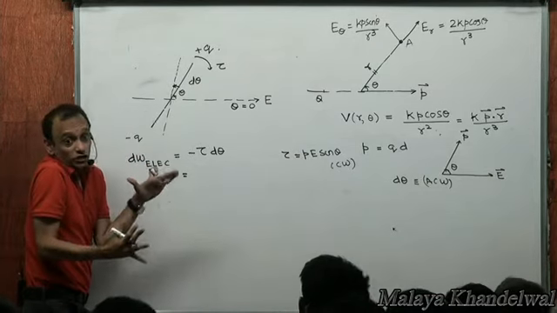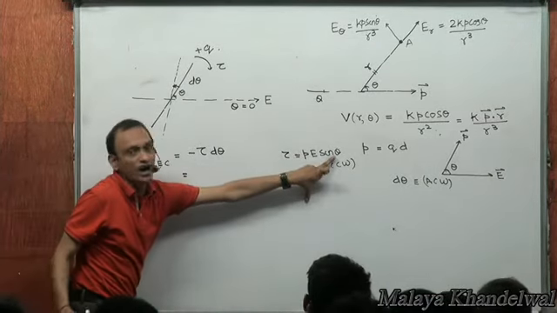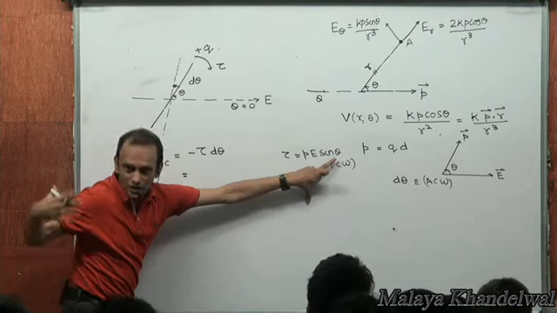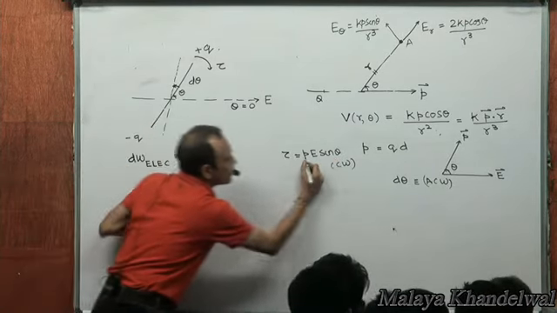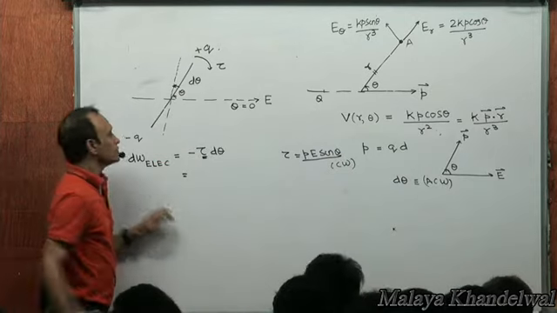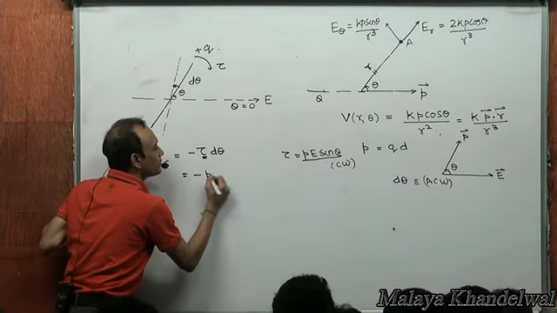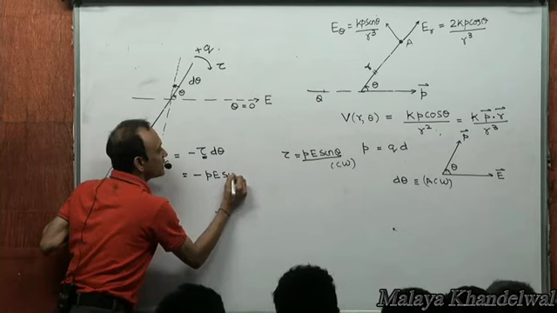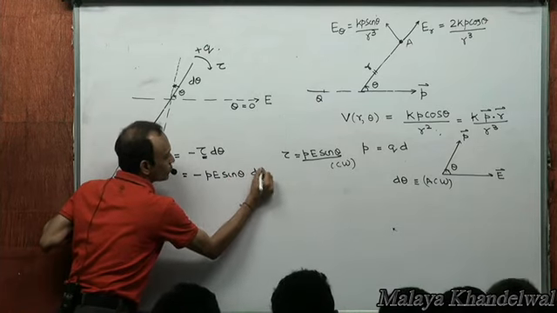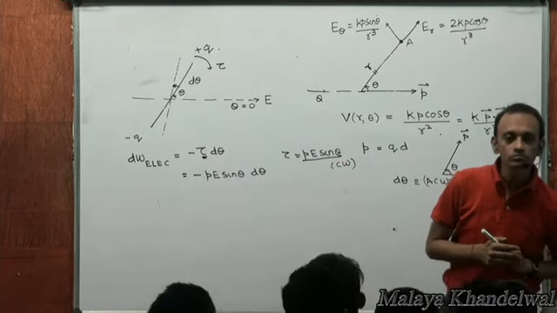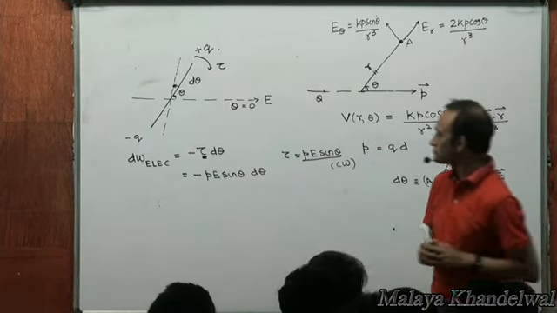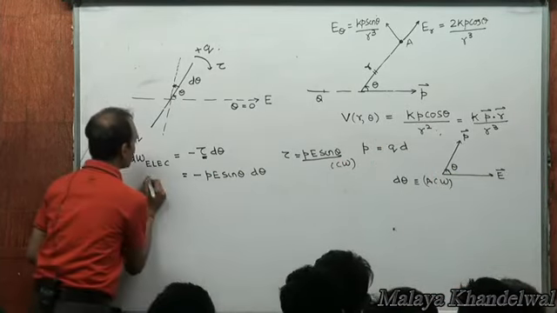It's a variable torque, not a constant torque. Torque is a function of theta. So replace this tau by PE sine theta. So this is minus PE sine theta d theta. Yes or no? That's the work done by the electric field.